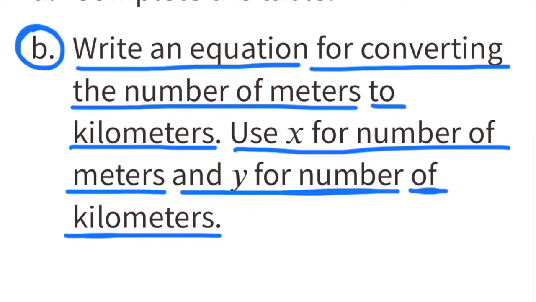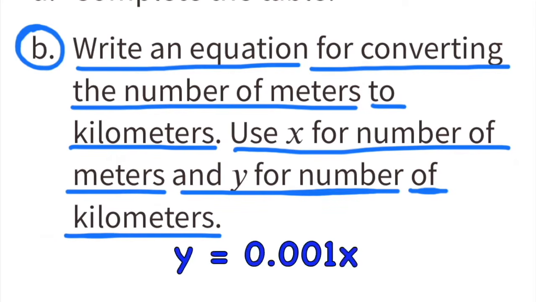B. Write an equation for converting the number of meters to kilometers. Use x for number of meters and y for number of kilometers. The equation would be y equals 1,000ths times x.